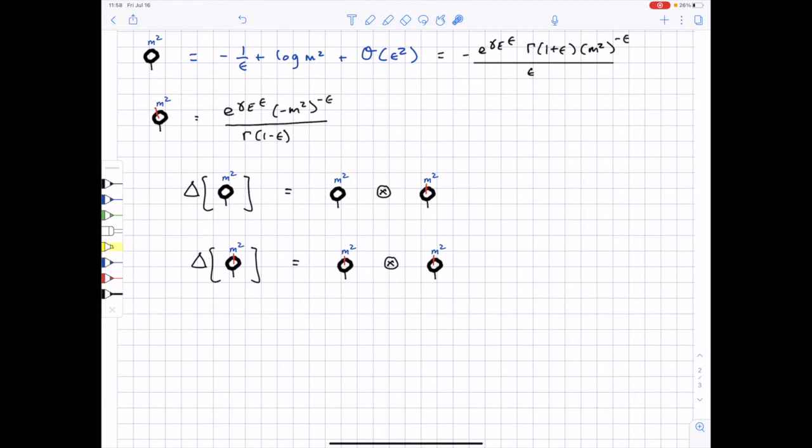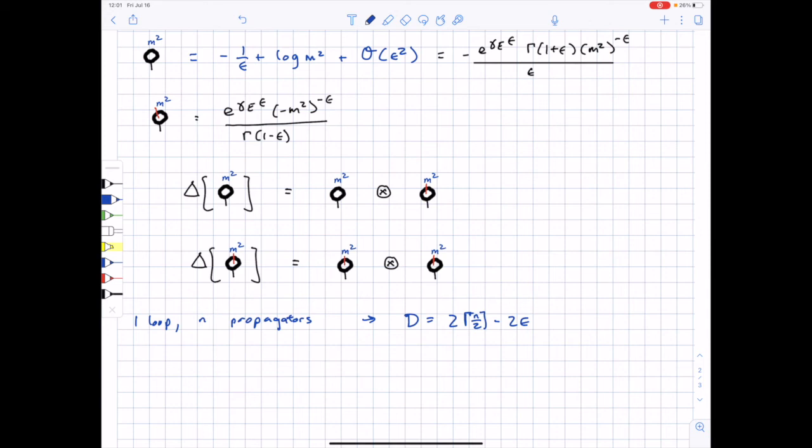So we can apply these same rules to all kinds of one-loop Feynman diagrams. A one-loop diagram with n propagators will be evaluated in 2 ceiling n over 2 minus 2 epsilon dimensions.